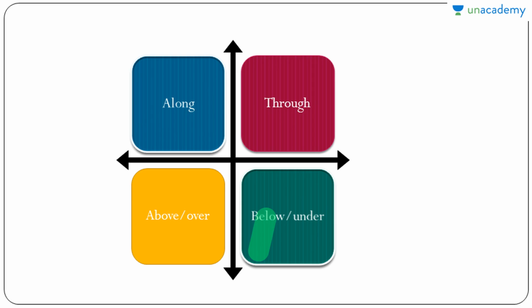Something is below or under, something is above or over, something is kept along, something went through. So all these are conveying the different places in which the object, that is the noun or pronoun of the sentence, is being placed.